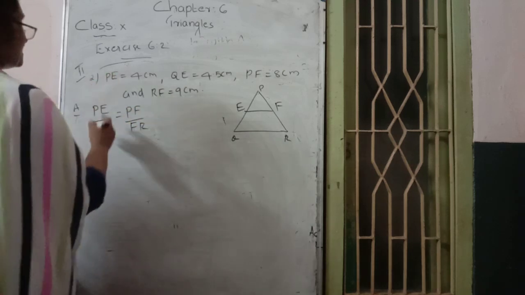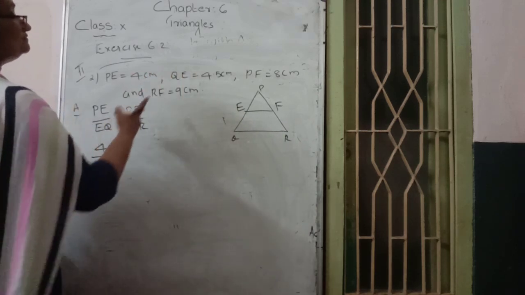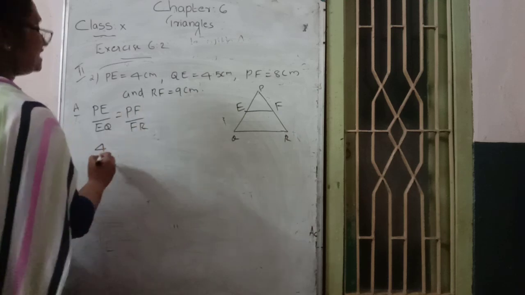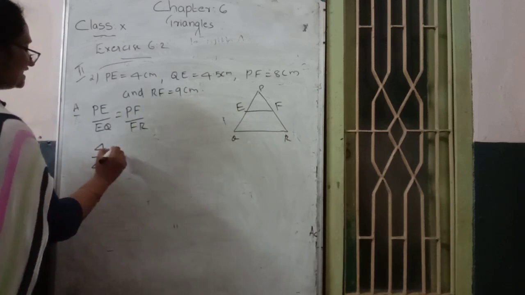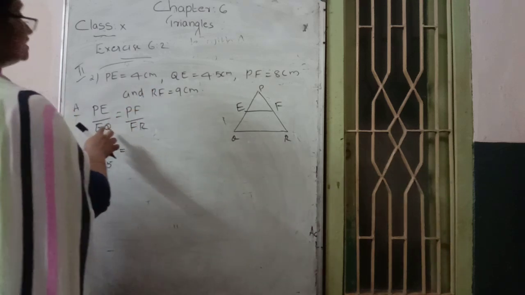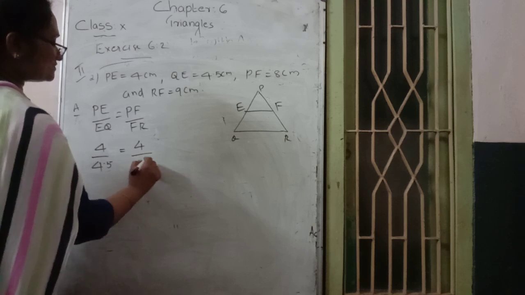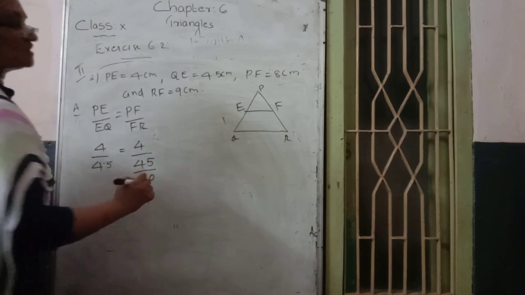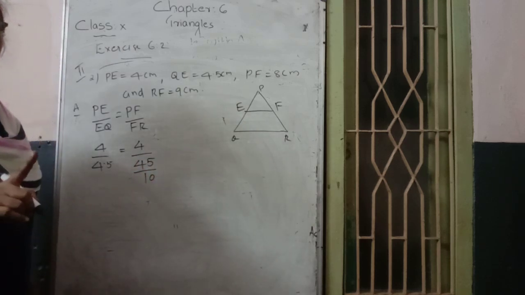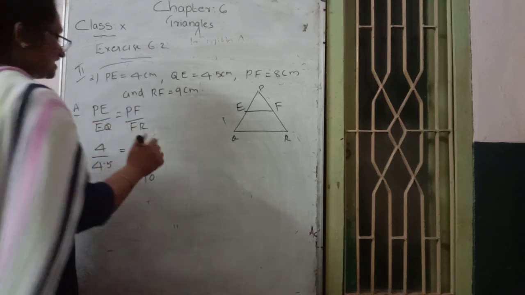So values: PE value is 4 and EQ value is 4.5. Then the calculation. 4.5 is in the denominator, so remove the decimal point. How? There is one place after the decimal point, so divide with 10.